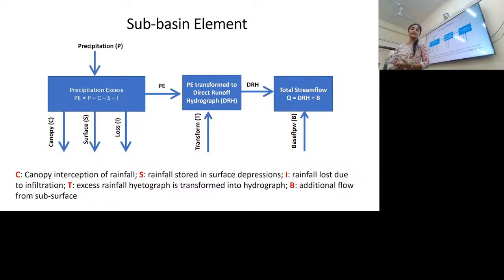Then the sub-basin concept is very important in HEC-HMS. Sub-basin is where the rainfall is converted into runoff. So here the input is your precipitation. Then what will the model do? It will convert the precipitation into excess precipitation. What is excess precipitation again?